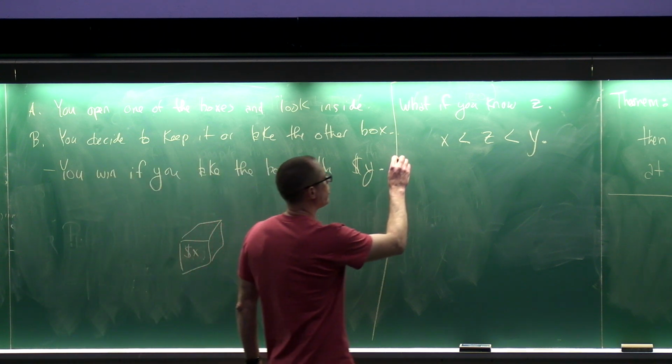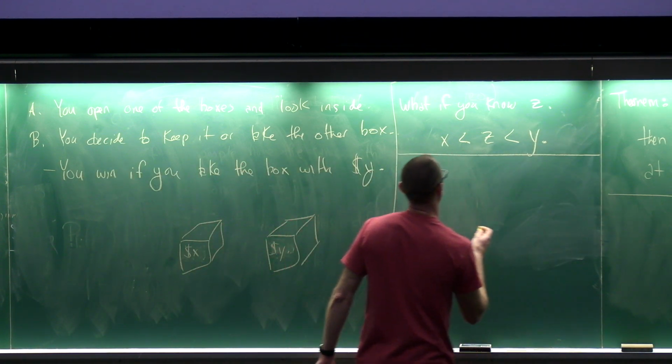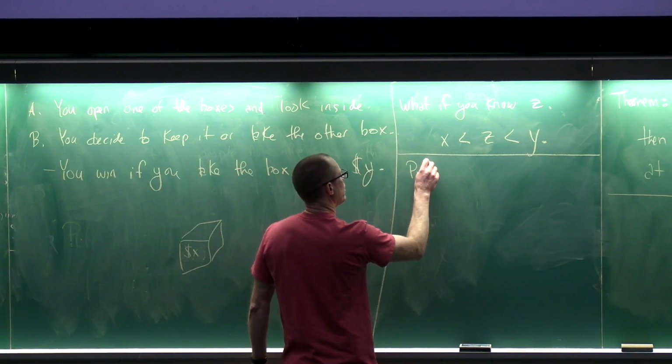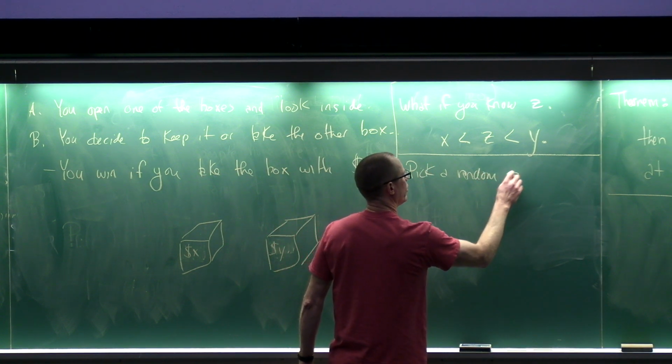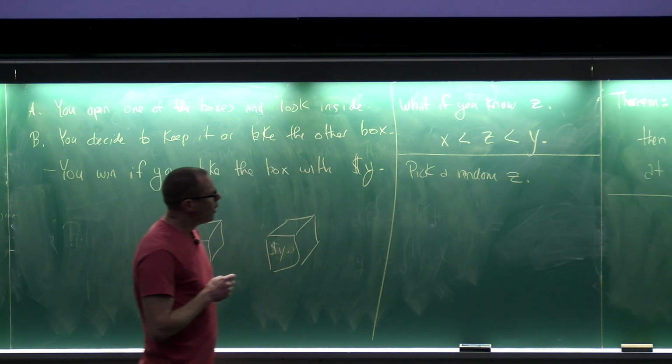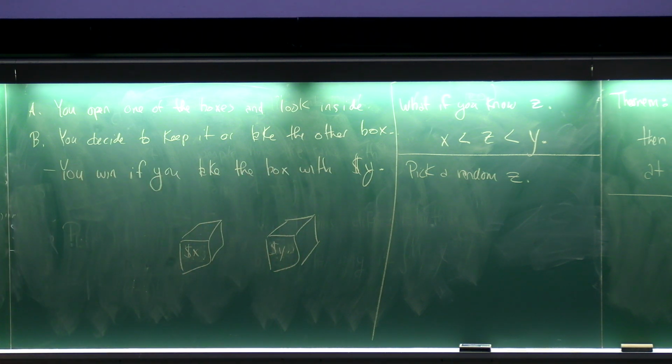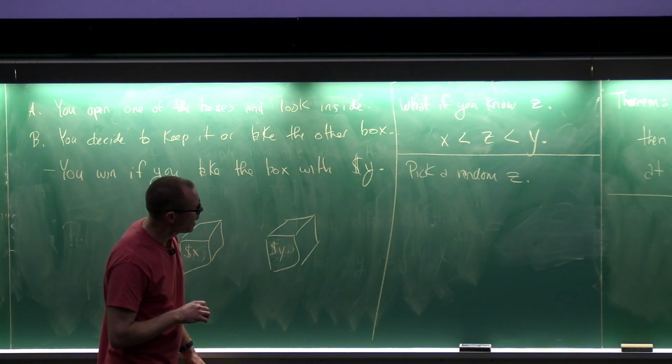But here's something we can do. Let's just pick a random Z. So this is the first time that we're talking about probability here. Everything else about this game was just a mind game with me putting money in boxes that I decided, I'm trying to play mind games with you.